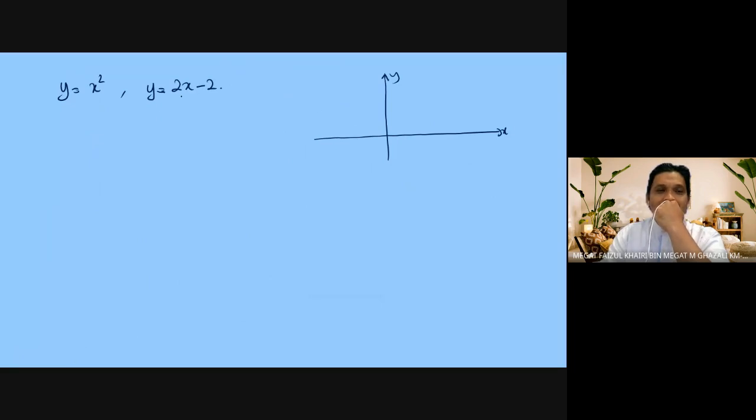Okay, let's try. When x equal to 0, y equal to negative 2. I'll try to make some graph something like this.